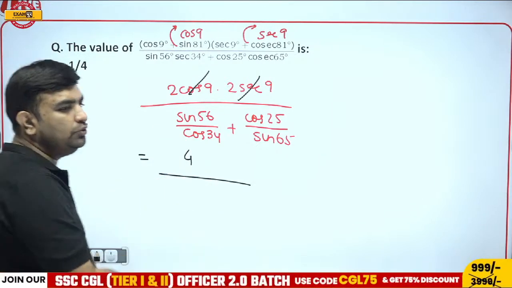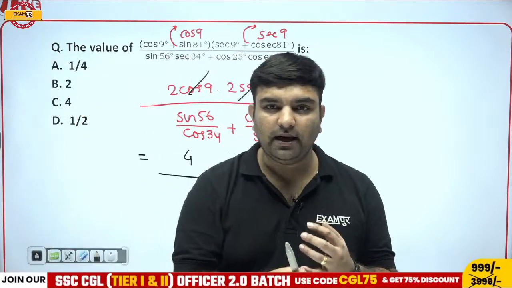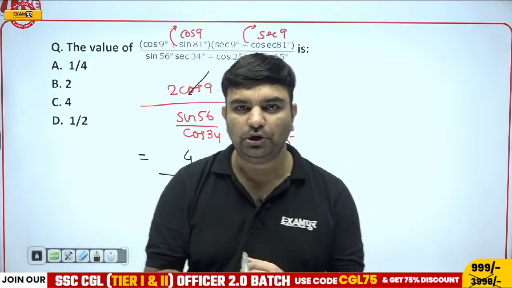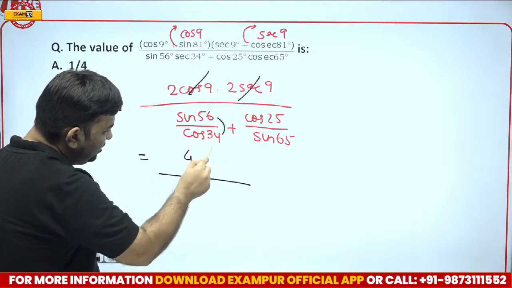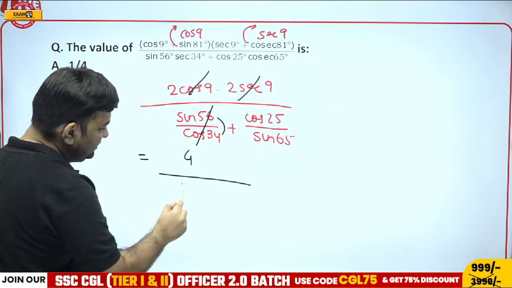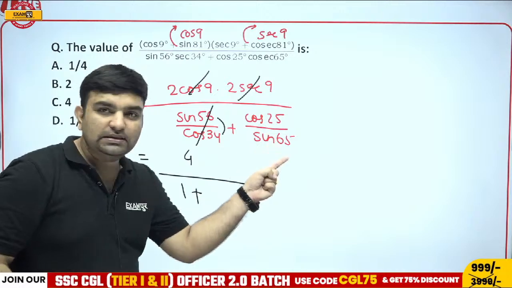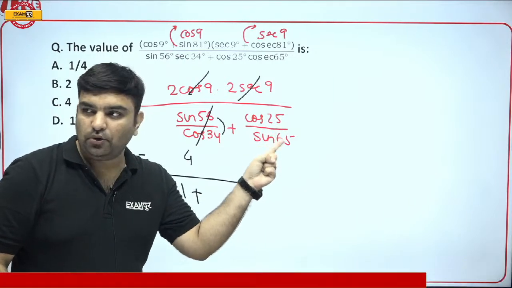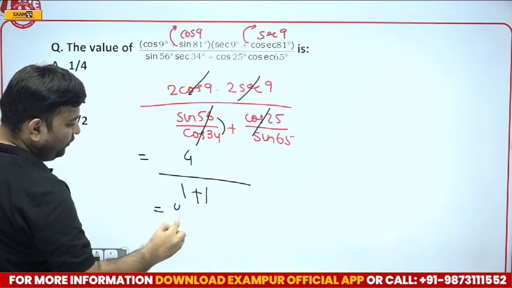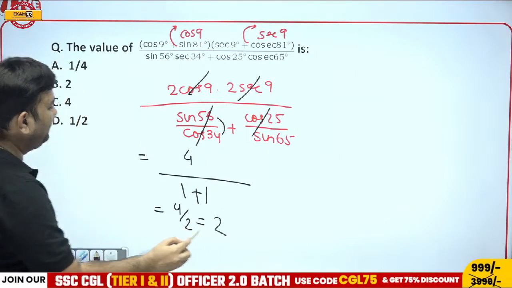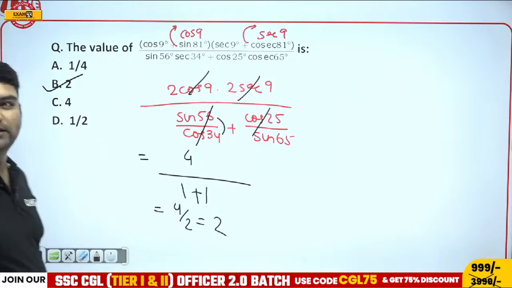Sin and cos are equal to each other. Will cancel out each other. 4 by 2, 2 is the answer.